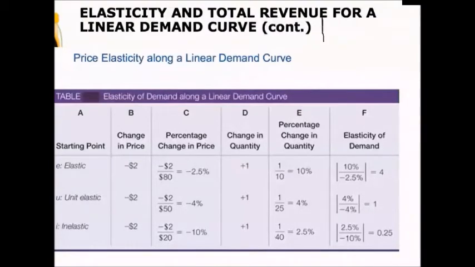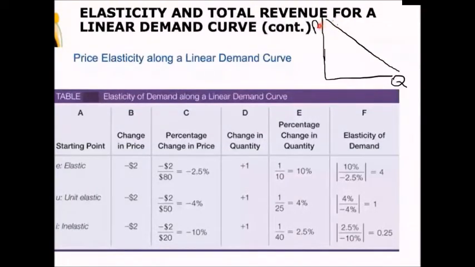So if we look at our demand curve, and it's a linear demand curve, and we look at the same unit change in price and quantity between two different points, several places on the demand curve, we can look at what our elasticity of demand turns out to be. Suppose we're on the elastic portion of the demand curve and the price goes down by $2 and the quantity goes up by 1 unit, but we're in this section of the demand curve.